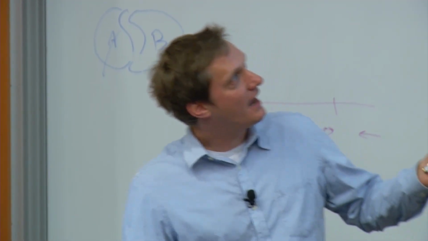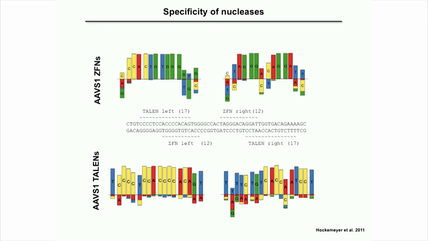The reason why I have this slide up is because it shows that these are highly specific nucleases. Every time that you see a bar above this line, it is the intended binding and the correct recognition of the nuclease in its recognition sequence. Every time you see something below the line, it is binding to a base that it is not expected to bind to. The conclusion from this analysis was that these are highly specific.